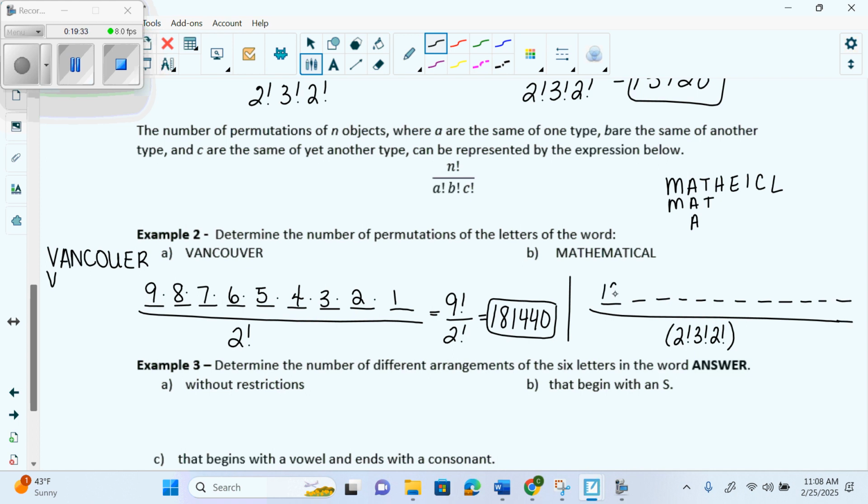So we'd have 12 times 11 times 10 times 9 times 8 times 7 times 6 times 5 times 4 times 3 times 2 times 1. Do I actually have to show that, or could I just do 12 factorial? You just do 12 factorial, right? So we're going to get 12 factorial divided by, now if you use the fraction button, you don't need brackets. If you don't have a fraction button or you choose to revolt against it, you have to use brackets. What do we get?